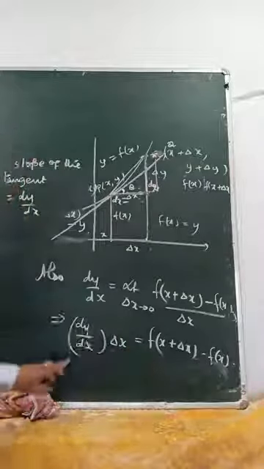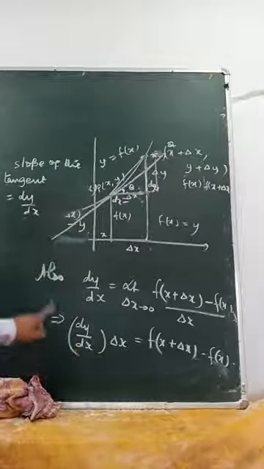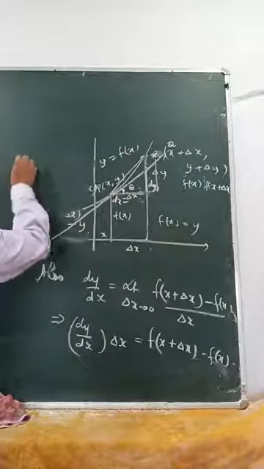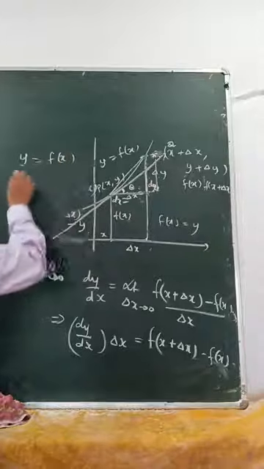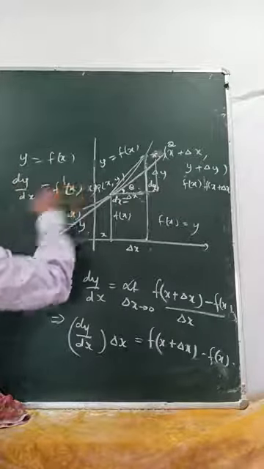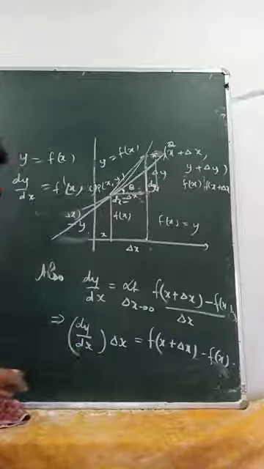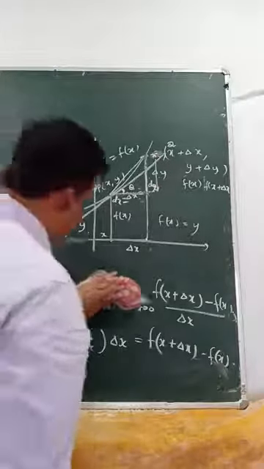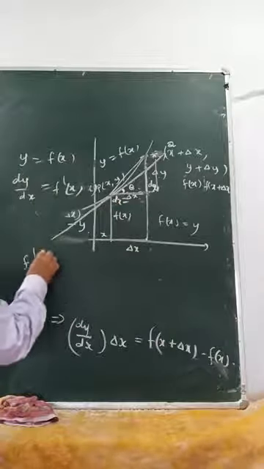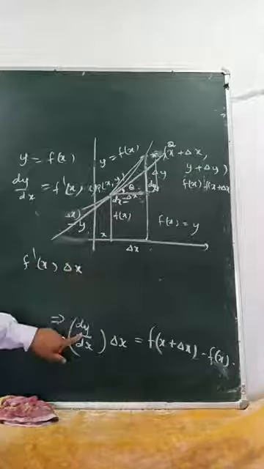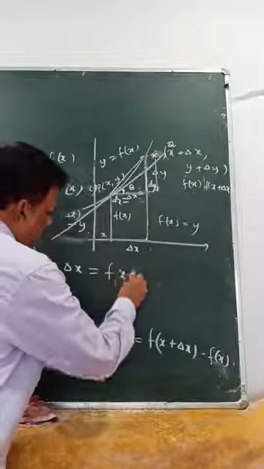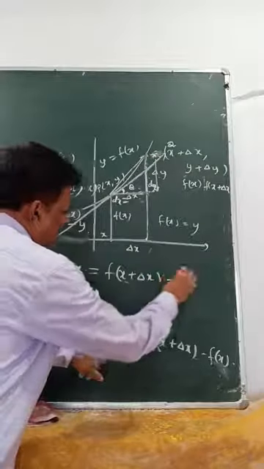Now dy by dx is what? If y is f(x), then dy by dx is f dash x. So what are you going to get here? You are getting f dash x delta x equals f of x plus delta x minus f(x).